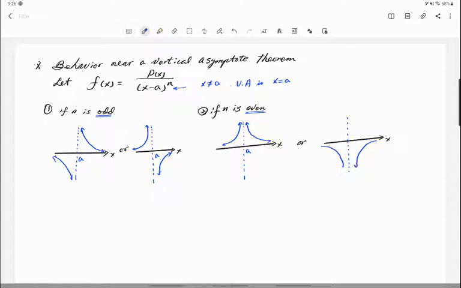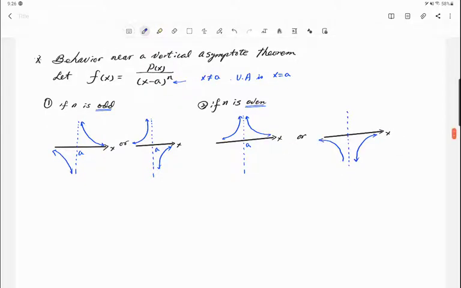So it's very useful. Make sure the denominator is raised to the nth power, and then if n is odd, one graph is on the right side and one is on the other side, in opposite directions. And if n is even, then both graphs are in the same location, above the horizontal line or below the horizontal line.